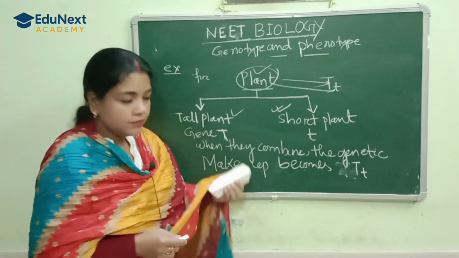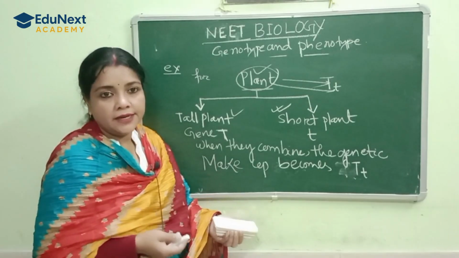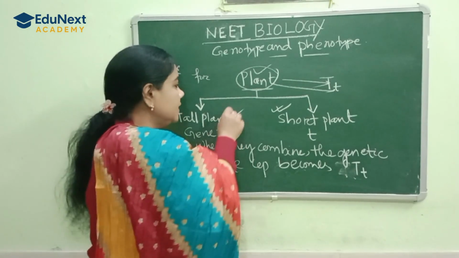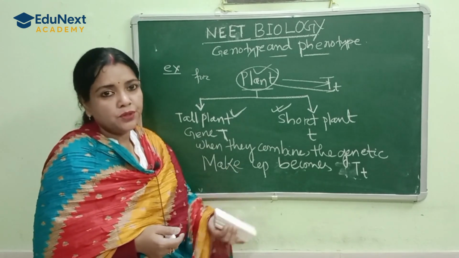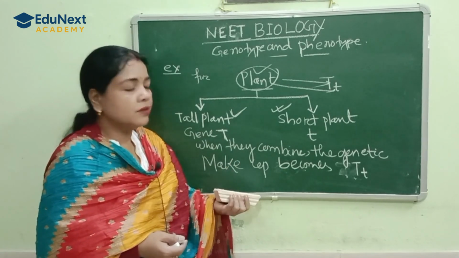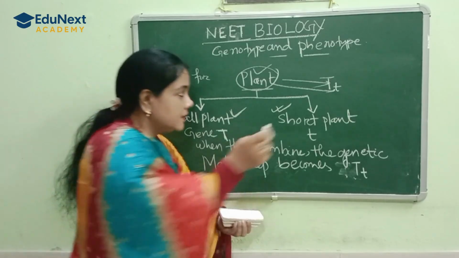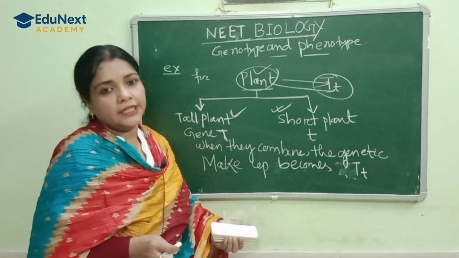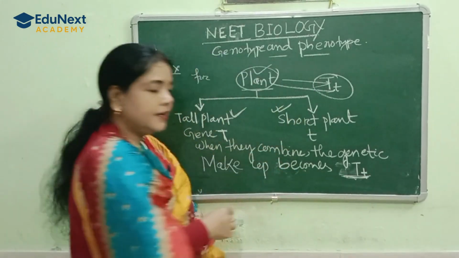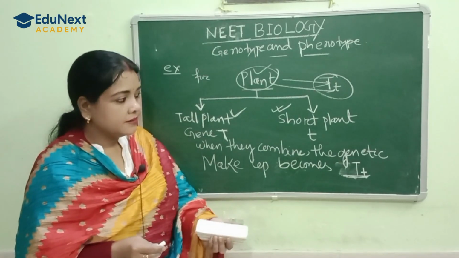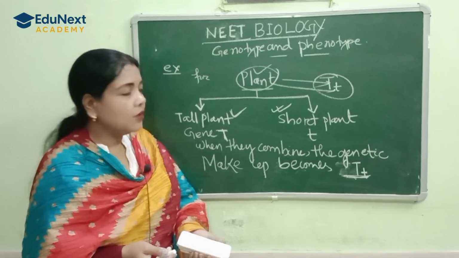When the gene from the tall plant and the gene from the shorter plant combine, they form T and small t. So this T and small t is the genotype.